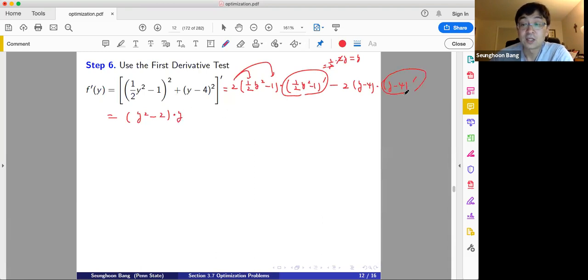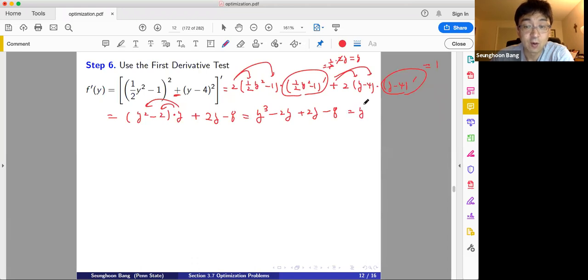The (y minus 4) prime is just 1. Distribute 2, so 2y minus 8. You simplify, distribute y: y cubed minus 2y plus 2y minus 8. So we have y cubed minus 8. This is f prime of y.